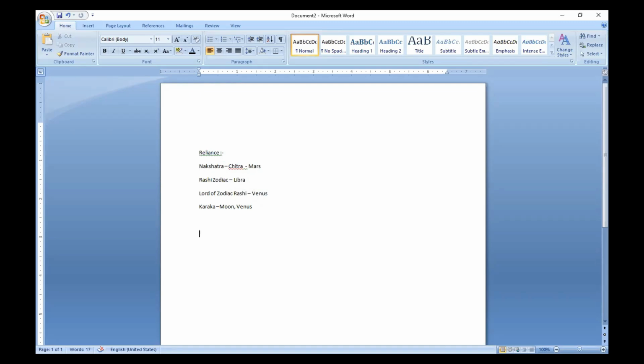Okay. Now the important thing is we need to note down degrees of these planets from the India chart. Just for clarity, I'm writing this: Libra, Venus, Moon. Can anybody tell me the degree of Mars in the India chart? 7 degrees, Arudra, Gemini.